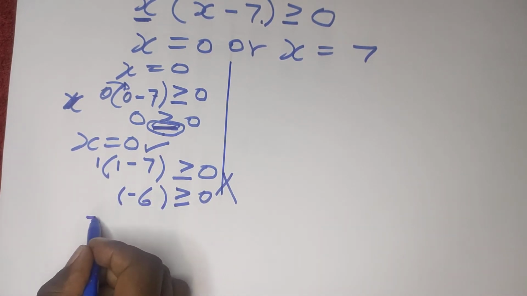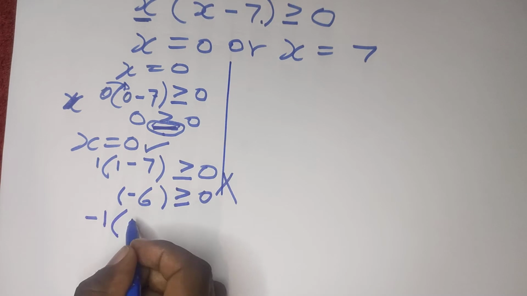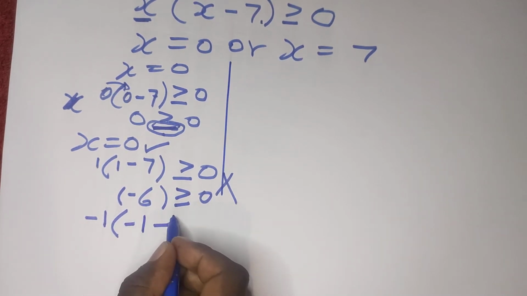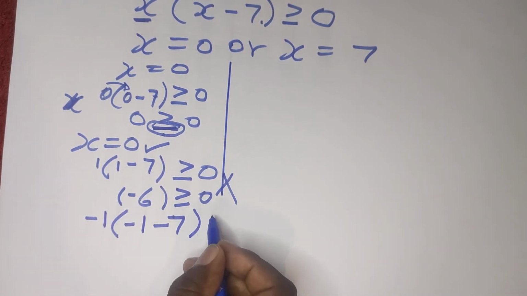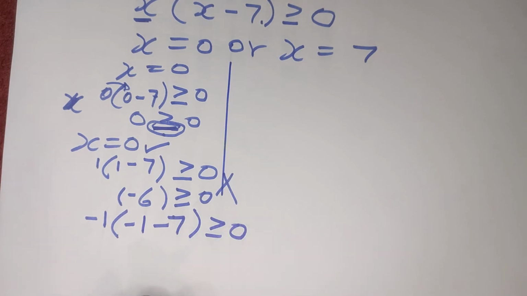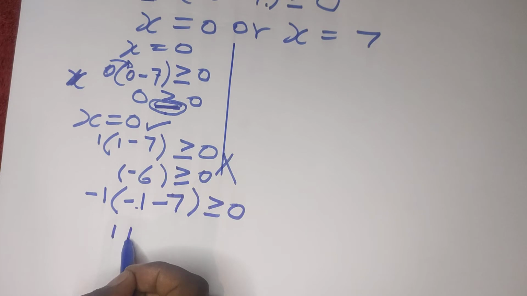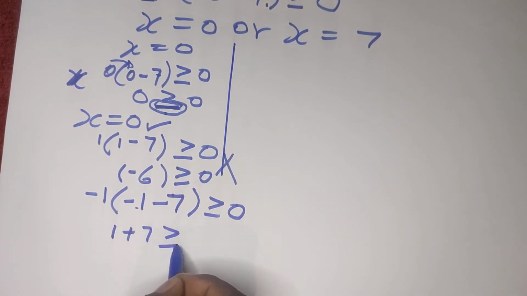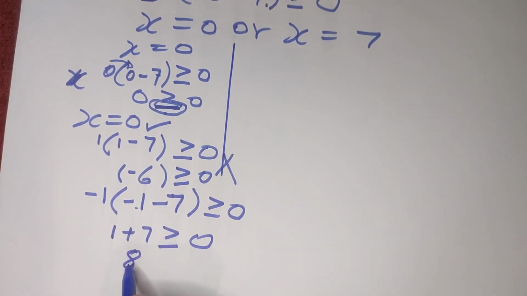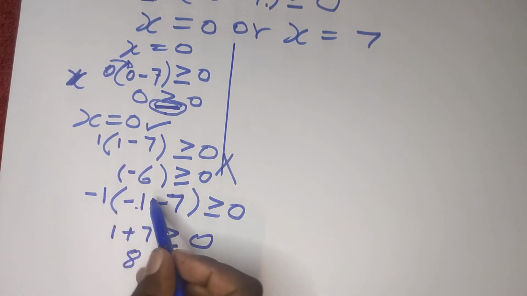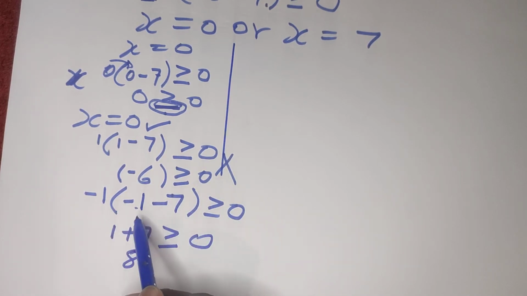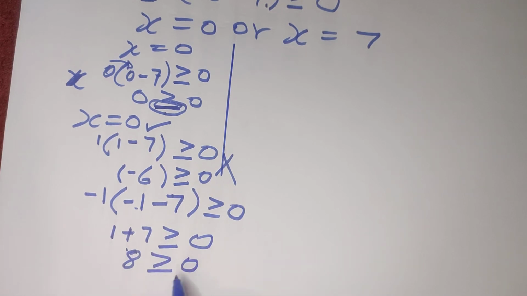For instance, take minus 1. Minus 1 times minus 1 minus 7, that is minus 1 times minus 8, greater or equal to 0. You multiply these two, you get 8, greater or equal to 0. Oh, that's very lovely. The values that are less than 0 support the equation because 8 is greater than 0.